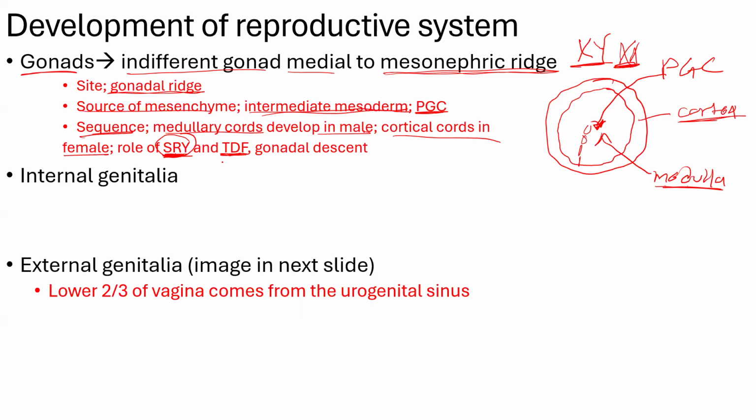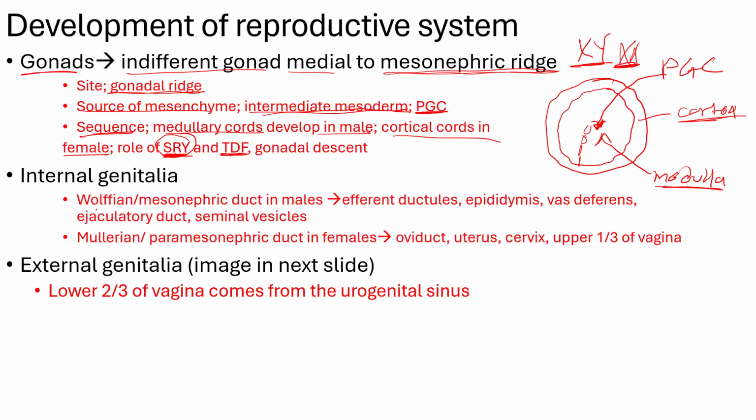It is simply a default pathway. But for one to develop a testis, you require an intact SRY gene on the Y chromosome, which will encode for TDF, the testicular determining factor, which will now direct the indifferent gonad to become a testis.